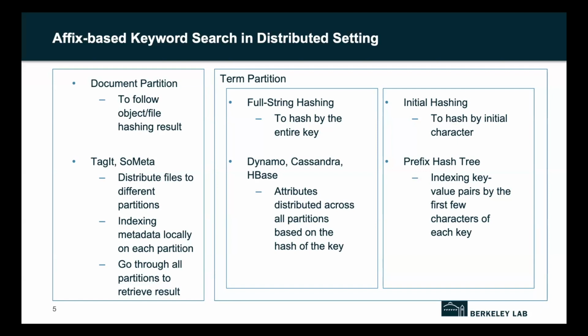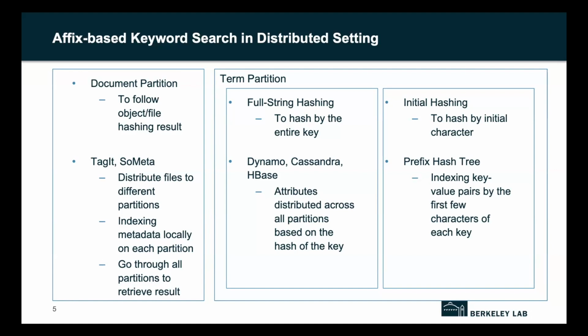Then there is the term partition approach, where you distribute the metadata index based on the metadata attribute itself. In this case, we can do full string hashing, which hashes the entire key.